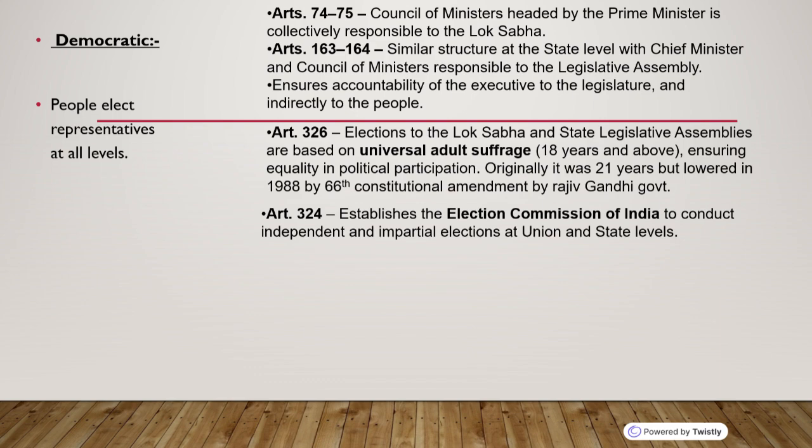For example, in the state legislature we elect MLAs, and in Parliament we elect members of Lok Sabha, that is, Members of Parliament. We elect MPs as our representatives, which reflects this democratic ideology.